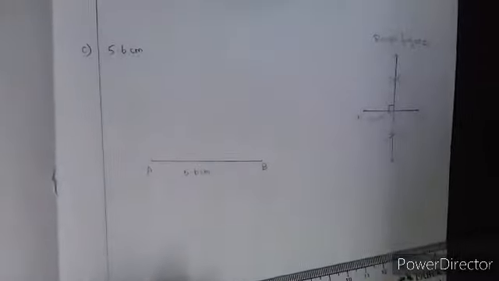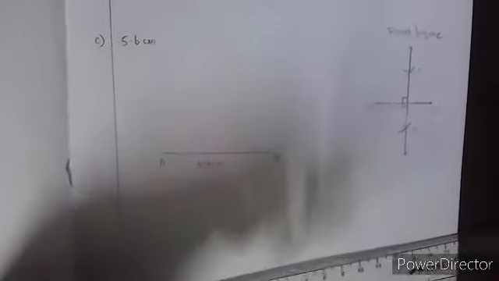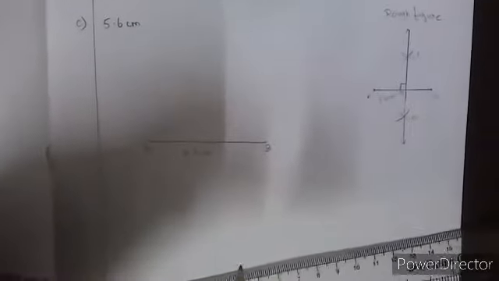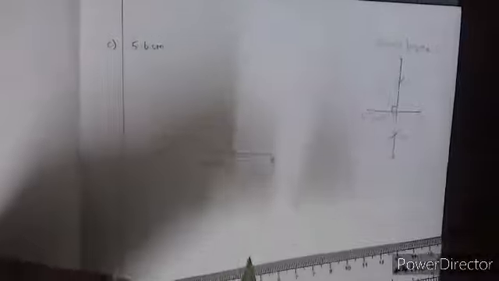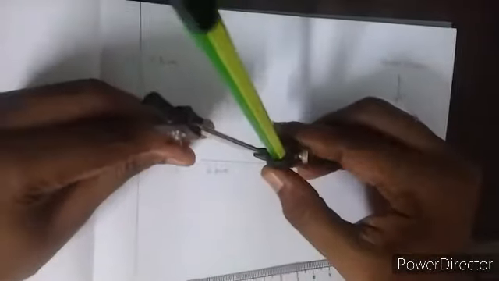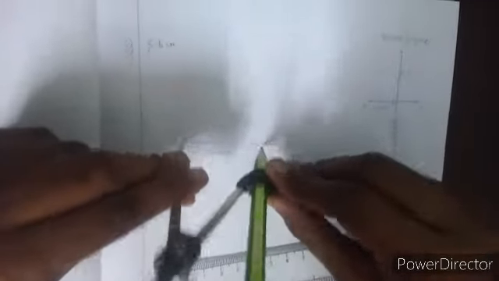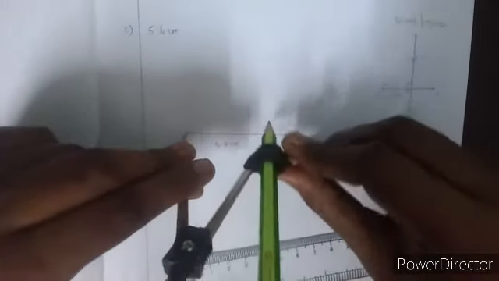Now by using your compass, what I told, with A as a center, more than half of the length of AB, draw two arcs of the same length. So here 5.6 means till here. This is your measurement. Okay.